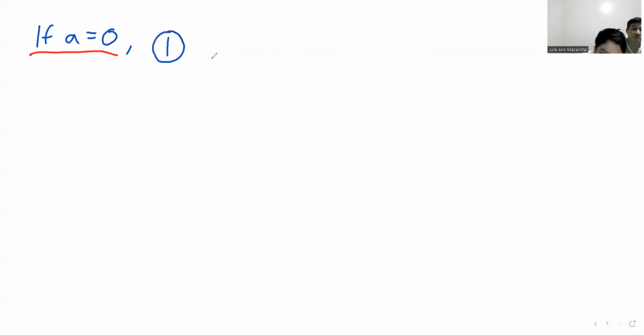So if a equals 0, for the first case, what happens if ab is equal to a plus b? We're narrowing down which three of the expressions are equal. So when ab equals a plus b, we can eliminate.